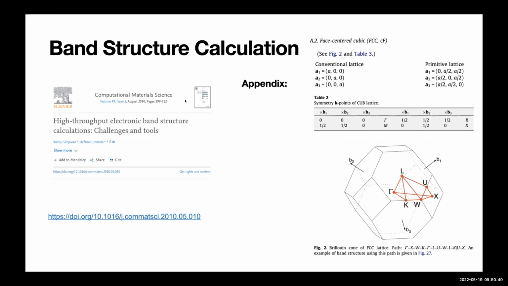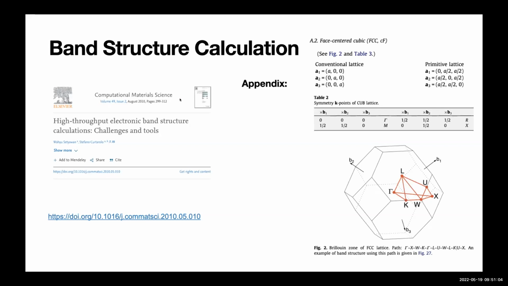Okay. So I was saying that the information provided in this literature, actually the appendix of this literature, I found to be extremely useful for getting the high symmetry paths and the coordinates for the high symmetry points in the Brillouin zone. I am attaching a link here.